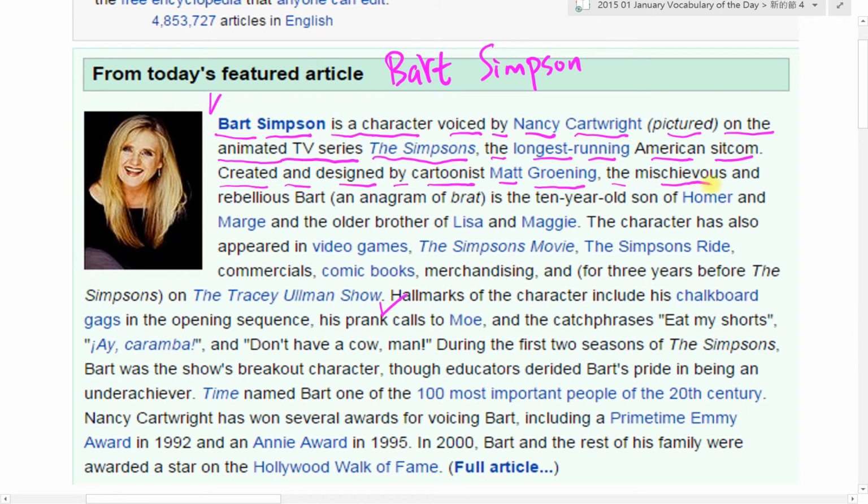The mischievous and rebellious Bart, an anagram of Brett, is the 10-year-old son of Homer and Marge, and the elder brother of Lisa and Maggie.